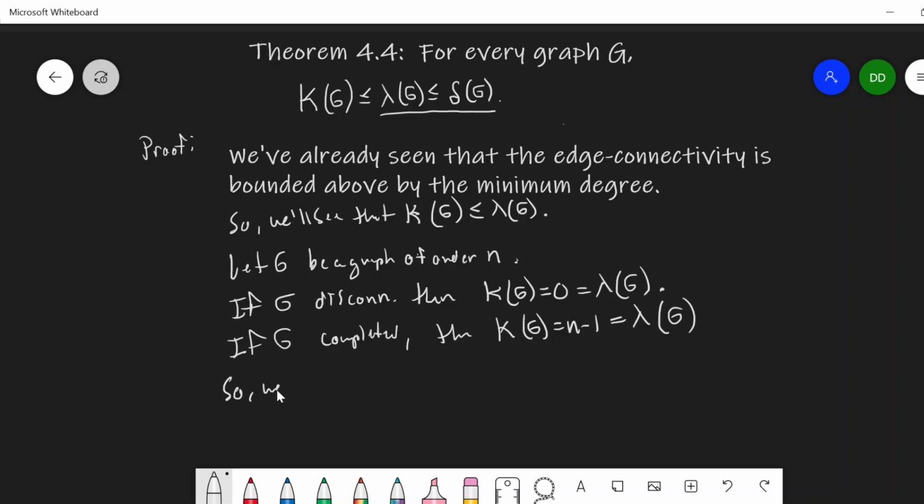So we may assume that G is connected and not complete. I think those are the ones I wanted to get out of the way.